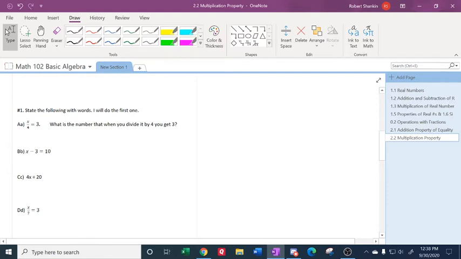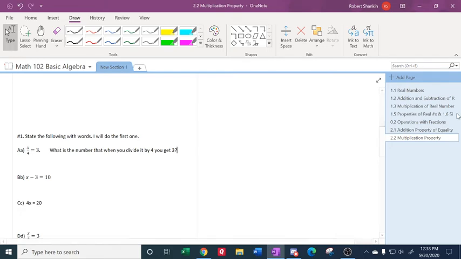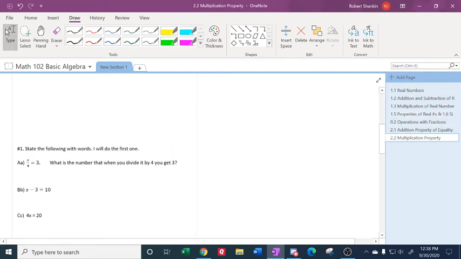All right, for the next ones, let me have you do the next two. Write this out in words in a similar way, and replace X with some unknown like I did. Let me give you a quick little bit of time.